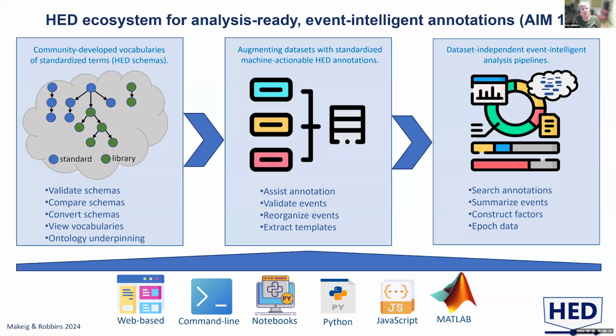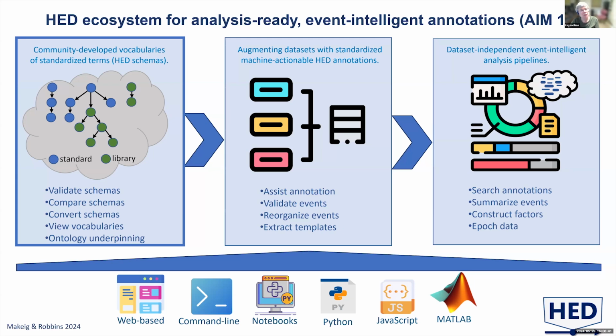So we've really made a lot of progress in the last 2 years developing the tools and infrastructure to support HED. We've gone completely open. We're using standard GitHub development processes, and as I said, everything is open. We're now supporting a number of different venues.